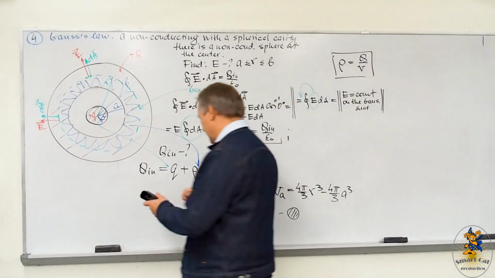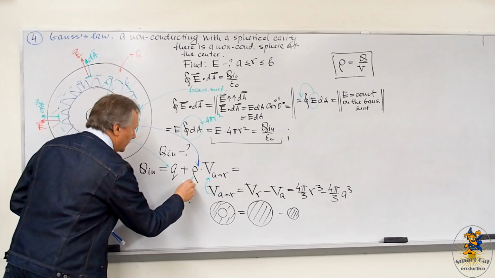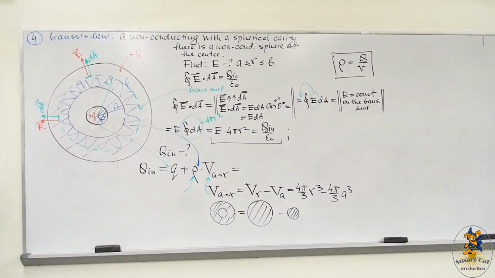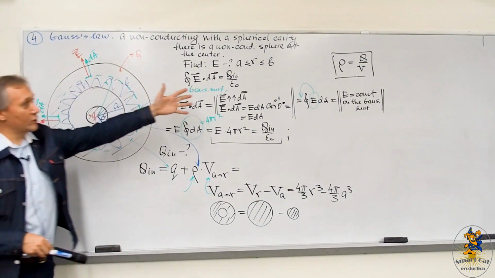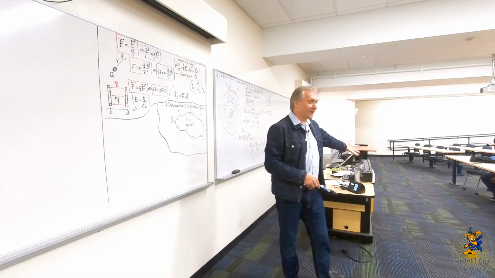So that's our volume. Now, density. Again, back to the definition of the density. But now we need to use a different charge in order to find charge density.